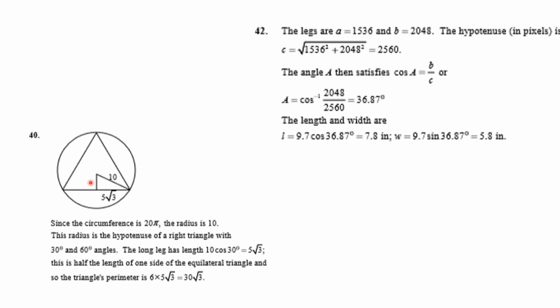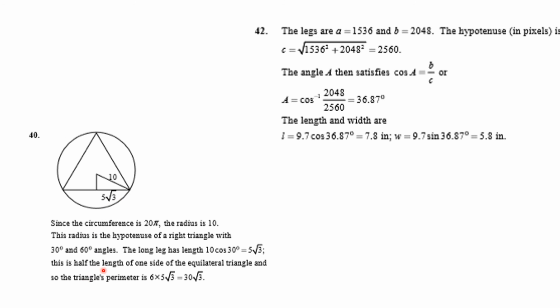Oh, that was half the length. So that base is that. We know that that's 5. Hold on. Oh, the longer leg. The longer leg has this, and that's the leg there.